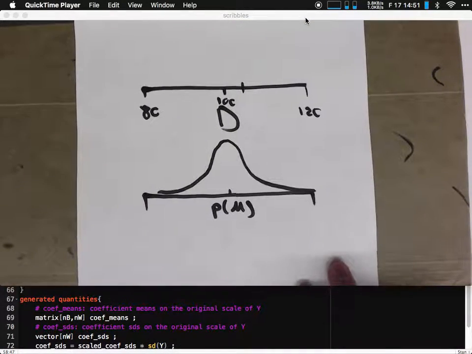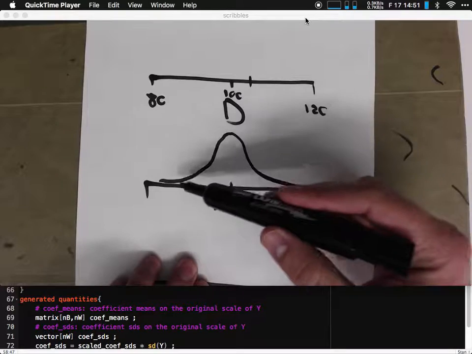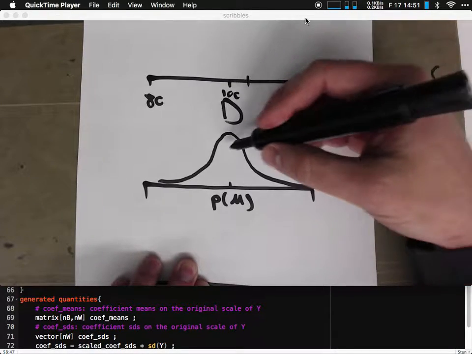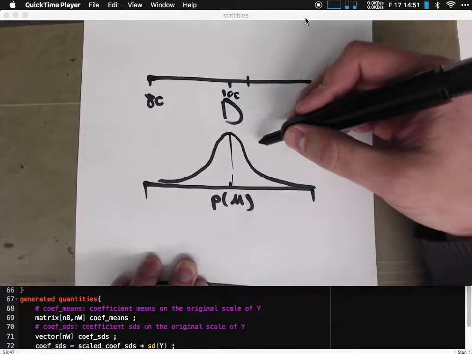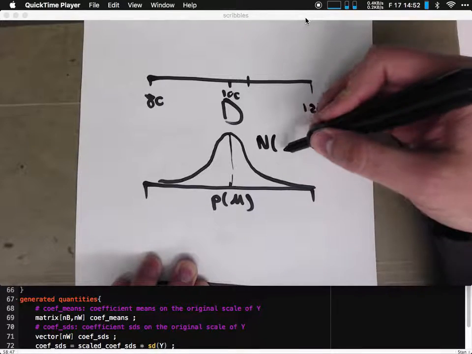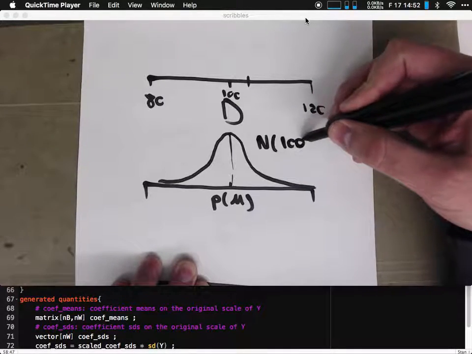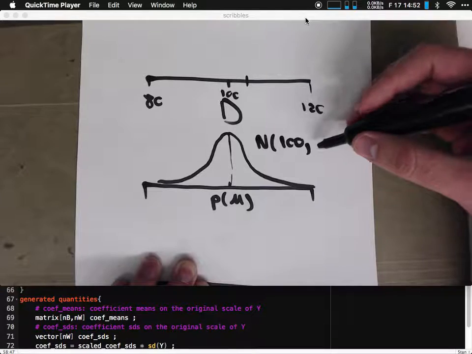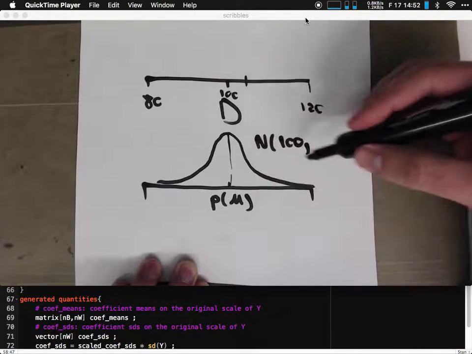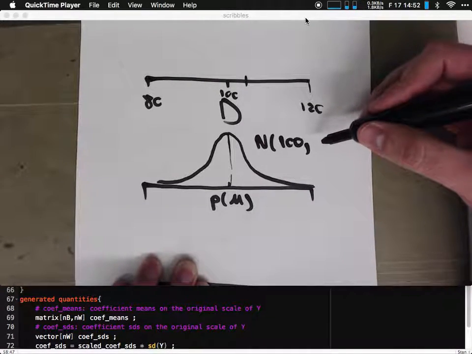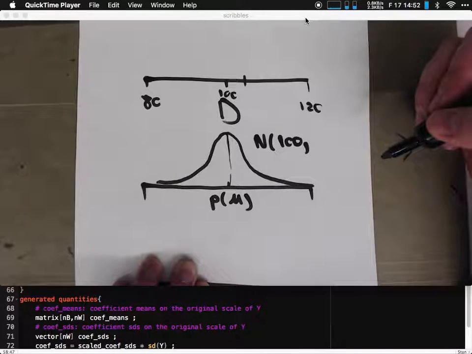All right. So let's choose, oh, and one other thing. I told you we'd establish a form. We'll use a Gaussian. Let's actually express what that Gaussian is. So it's normal with a mean of 100 and an SD of what? What do you guys want to have as your standard deviation? 15.